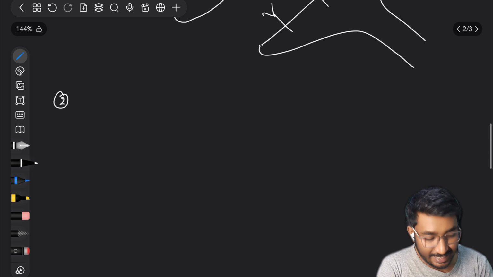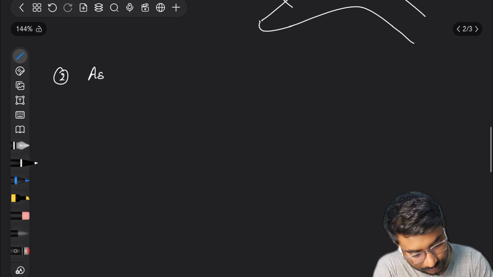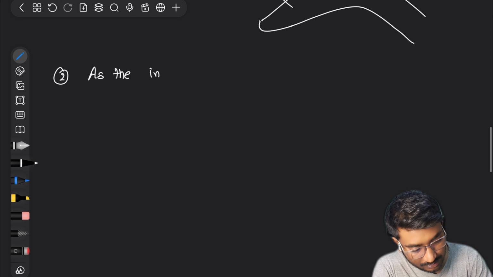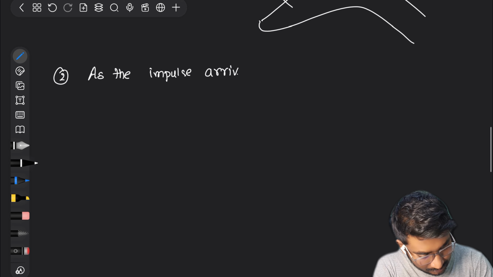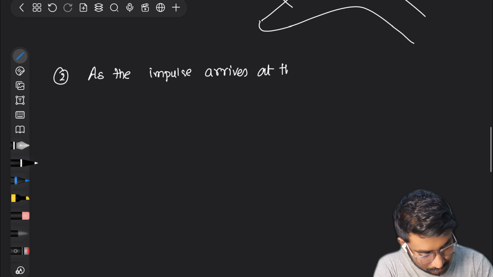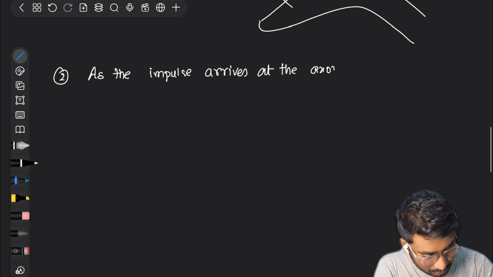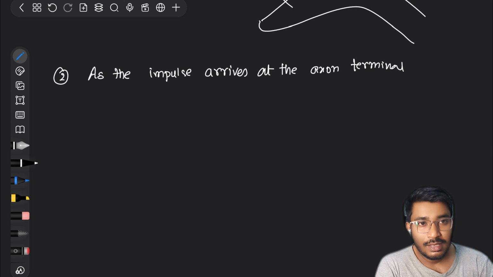As the impulse arrives at the axon terminal, it leads to opening of the calcium channel.